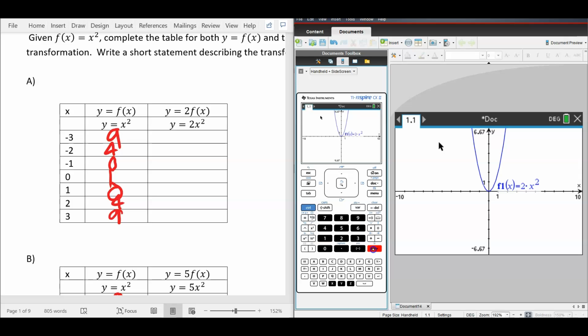Hit Control T, Control and the letter T. It pops up. Now that's 1, 2, but I need it to go all the way to -3. So go up till you see -3. On this, see right there on the x, -3, 18. Write that down, and then fill it all the way out. Then you do the same thing for these.